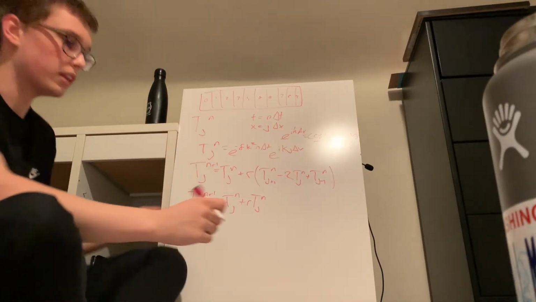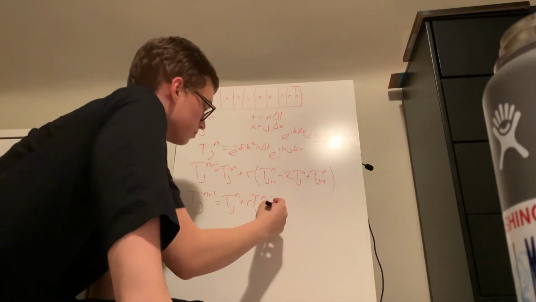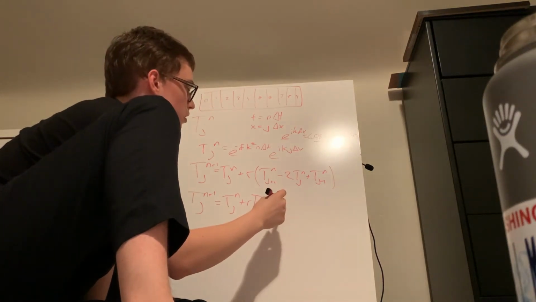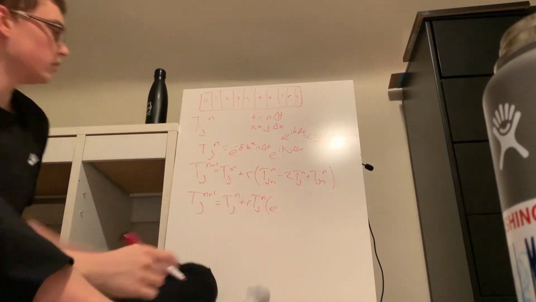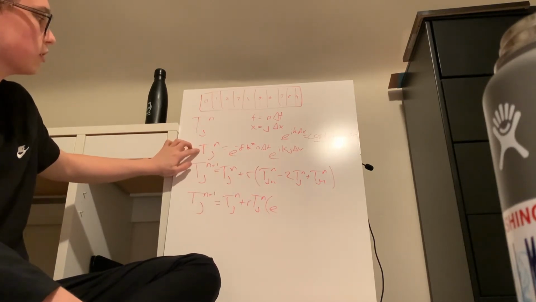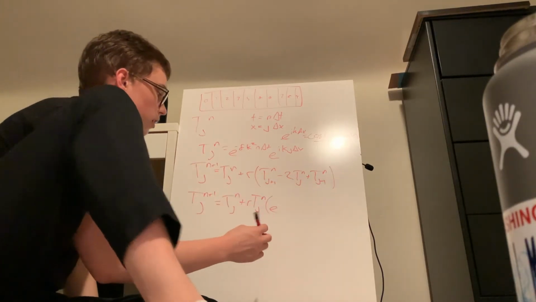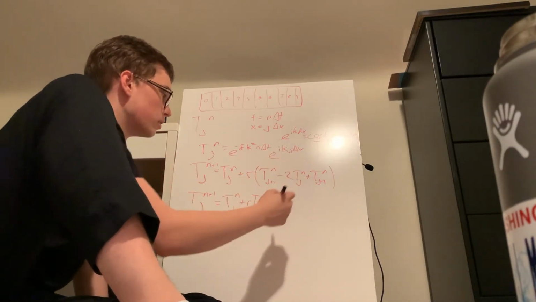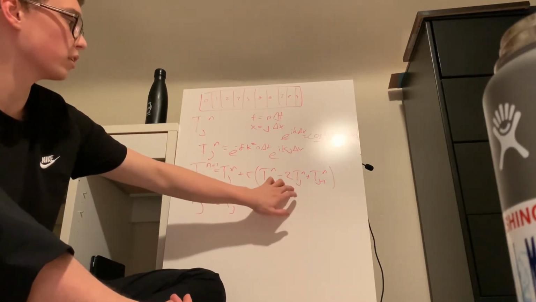So if we continue it down here and plug it in, we can look at our T j plus 1 n as a result of this. Again, we're taking out a T j n from this term. So we're basically just looking at the one after and the one before, as well as the one in the center here.